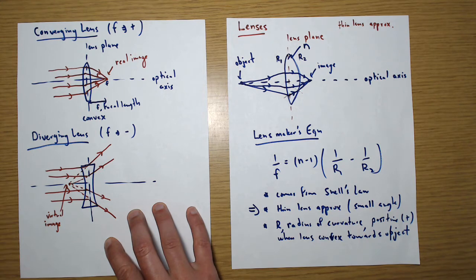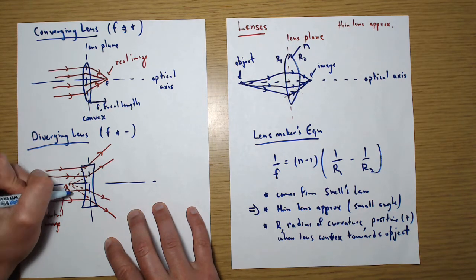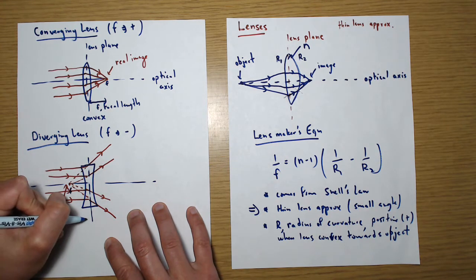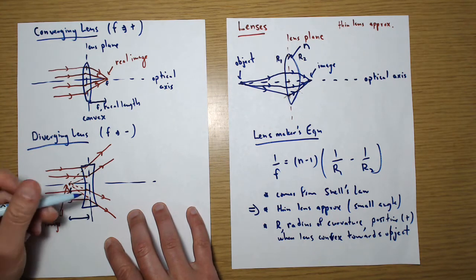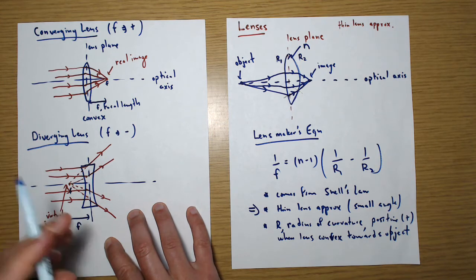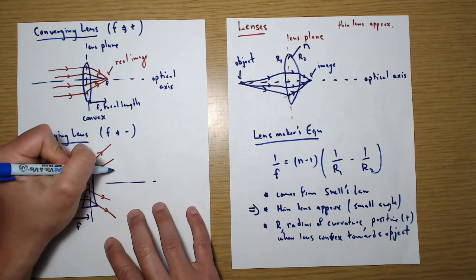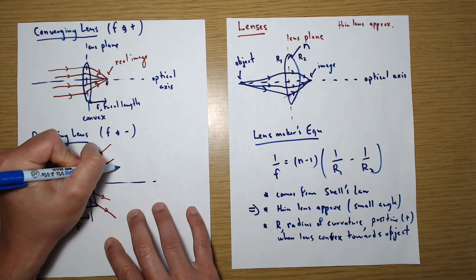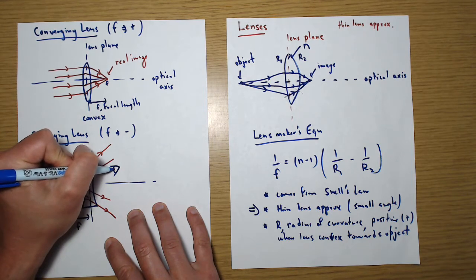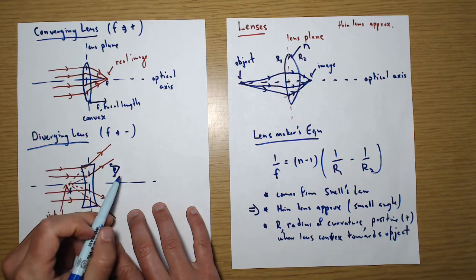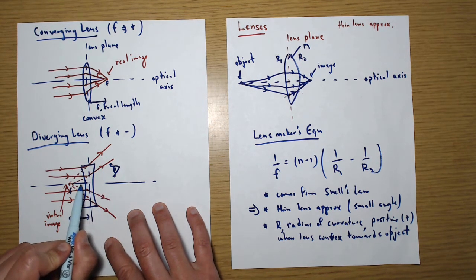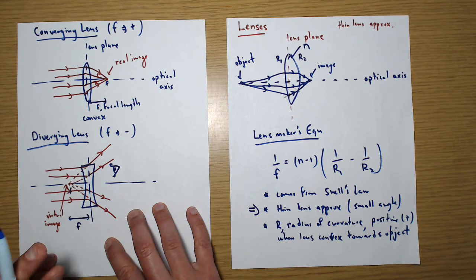So a diverging lens in sunlight, for example, wouldn't produce a bright spot, but it would produce a virtual bright spot, which basically just means you could see that bright spot if you looked through the lens from this direction. So if I was looking through in this direction, this is a little eye, looking through this direction, I would see the rays as if they're diverging from this point right here.